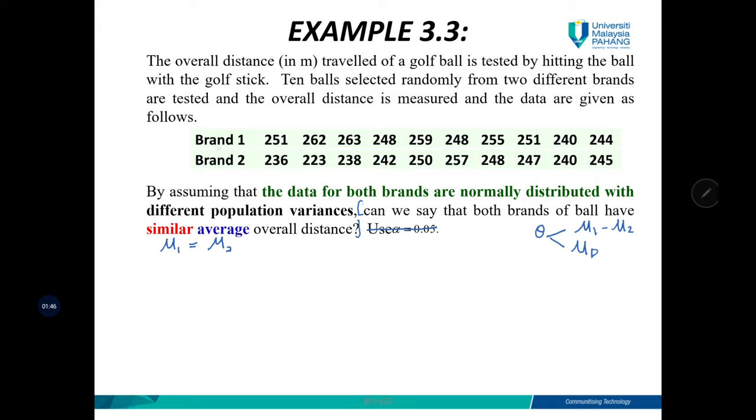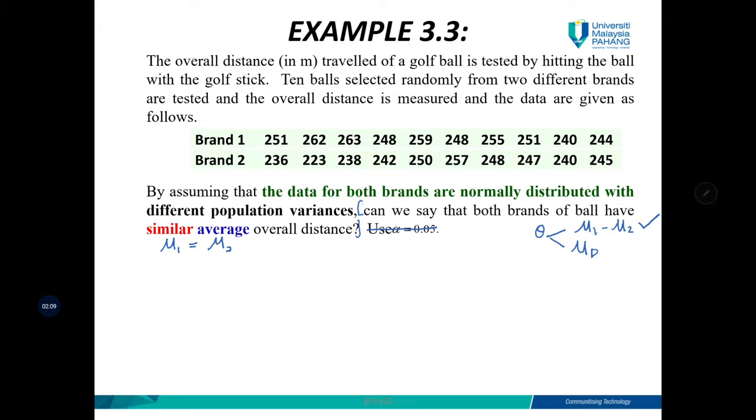Look at the data sets for brand 1 and brand 2. We can see that there is no relationship between these two data sets, so the data are independent of each other. So we need to use mu1 minus mu2, which means this is under independent samples.